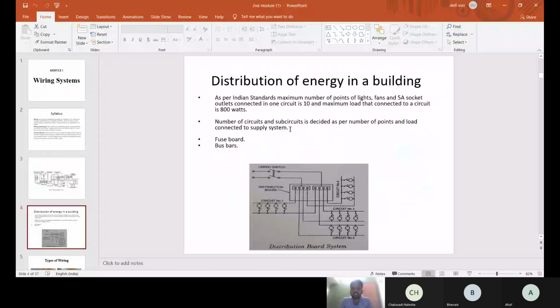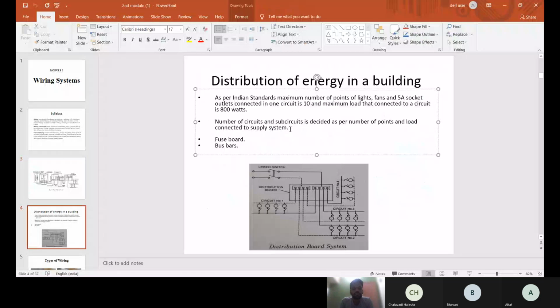The number of circuits and sub-circuits are decided as per the number of points and loads connected to the supply system. As I told, the sub-circuits and circuits are divided based on the number of points connected to the actual line. It should not cross more than 10 points, and it should not be more than 800 watts.